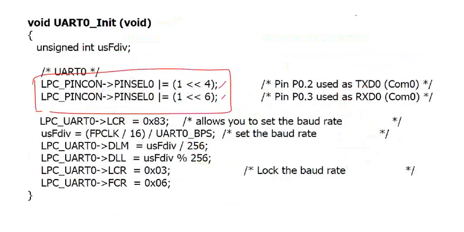Now here we are using the LCR register. As I already told, we have set it to 83 to allow setting the baud rate. That means we are going to access the divisor latch first. Then here, in other words, the 24 megahertz is divided by 16 into 9600.